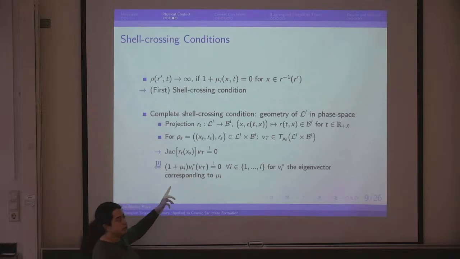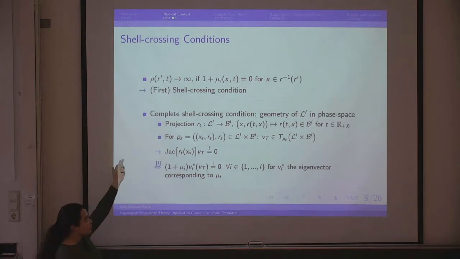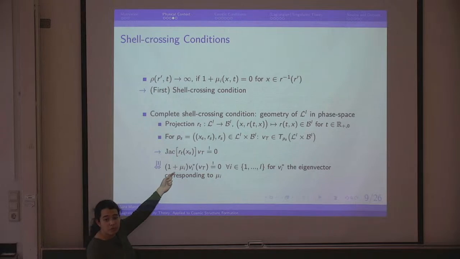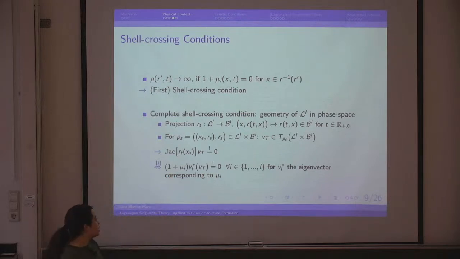equations turn to 0. So that's a difference between the complete shell crossing condition and the primitive one that we saw. In the first one that we saw, it was alluded to that it's enough to ask for one of these equations to maybe vanish, because one could think, well, if one of my eigenvalues is equal to -1, then the thing diverges anyways.